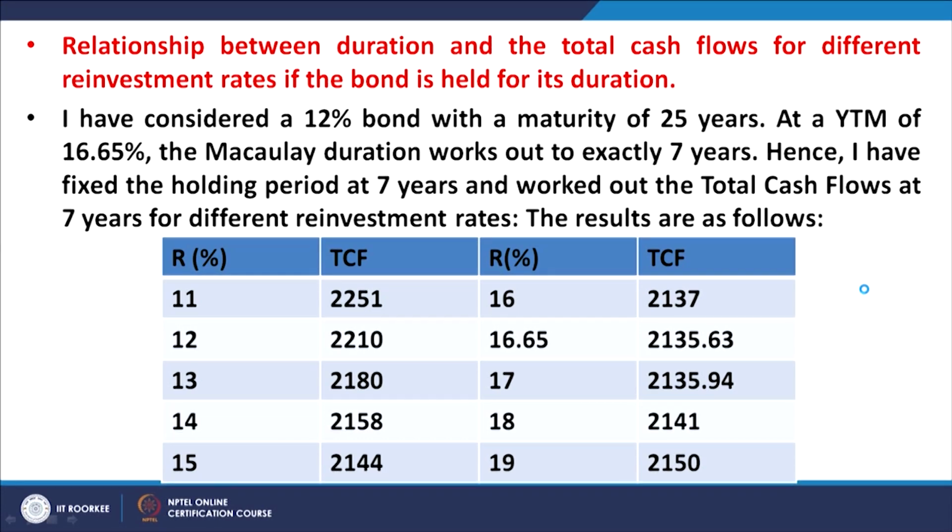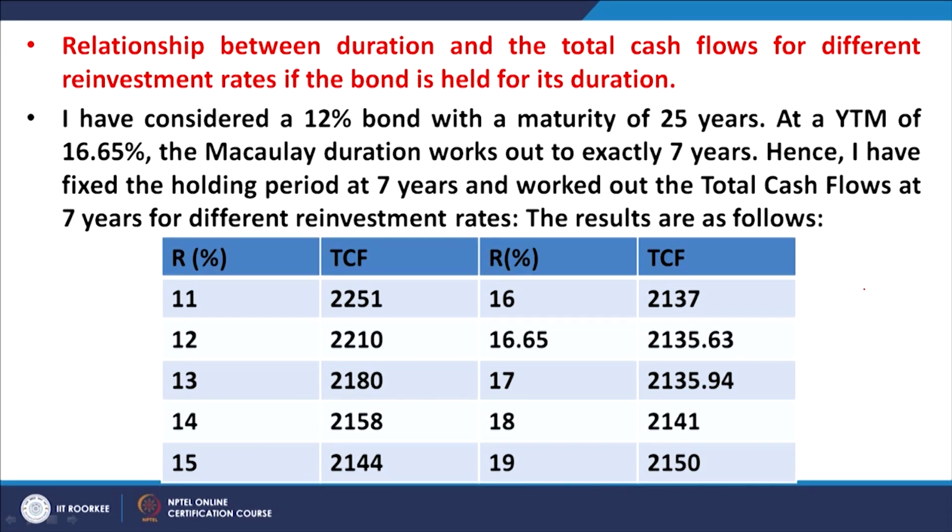What we find is, if the reinvestment rate is 11%, the total cash flows for a 1000 face value bond is 2251. If the reinvestment rate is 12%, the total cash flows are 2210. Similarly, if the reinvestment rate is 16%, the total cash flow is 2137.